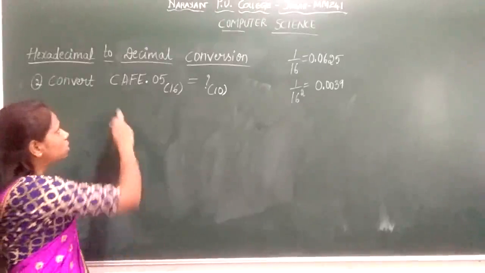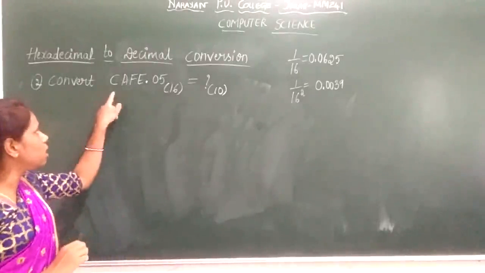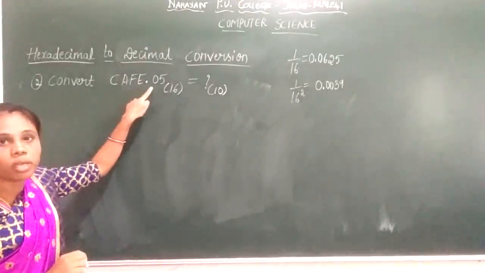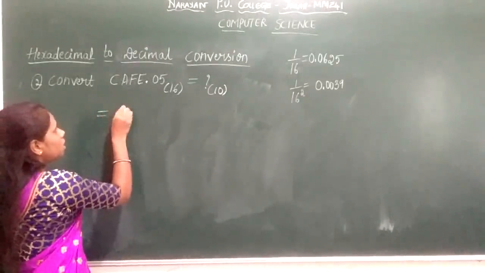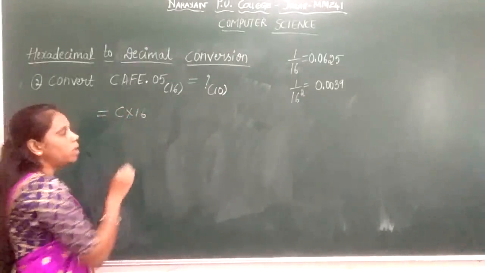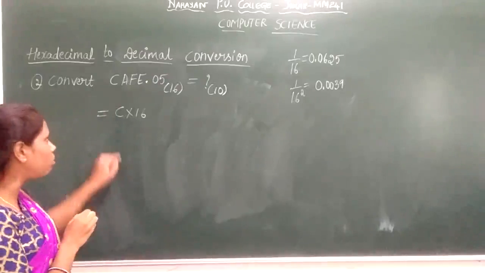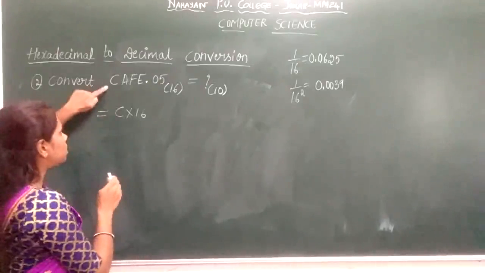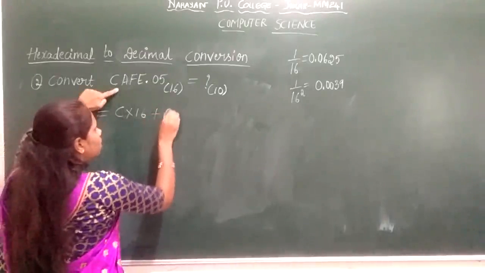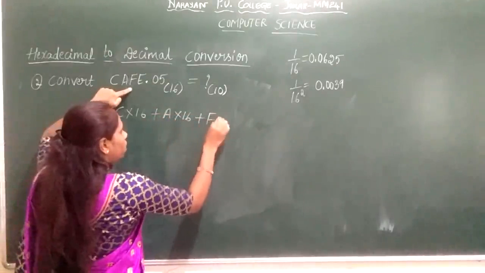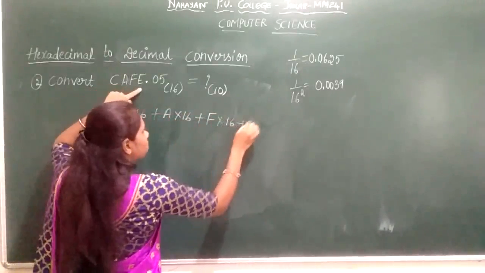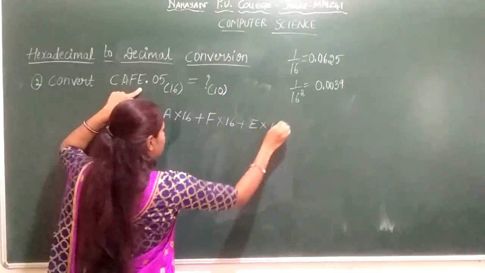Okay, next another problem is CAFE.05. Now multiply each and every digit by 16. C into 16 plus A into 16 plus F into 16 plus E into 16.